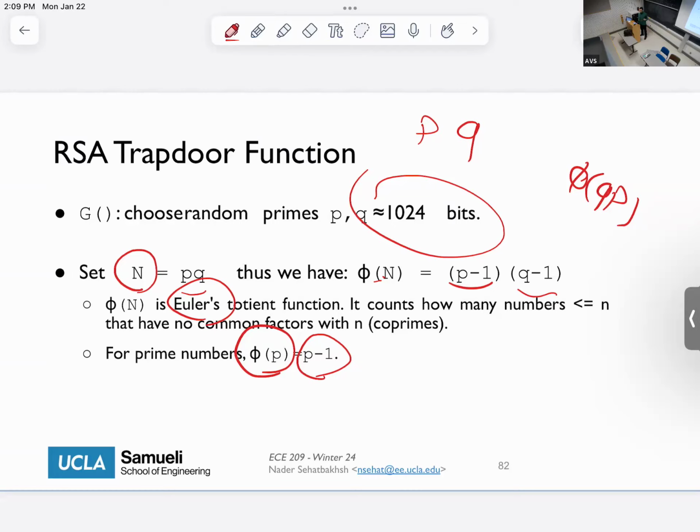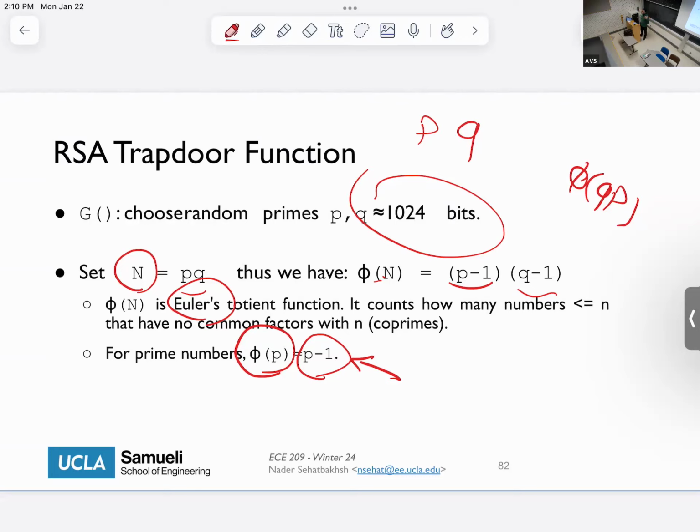Again, this is the Euler function, a very famous, very useful and popular function. If you don't remember anything, just know as a fact that if p is a prime number, phi of p is equal to p minus one. These are just the co-prime numbers: the numbers smaller than p, that if you divide them by p, the remainder would be one.